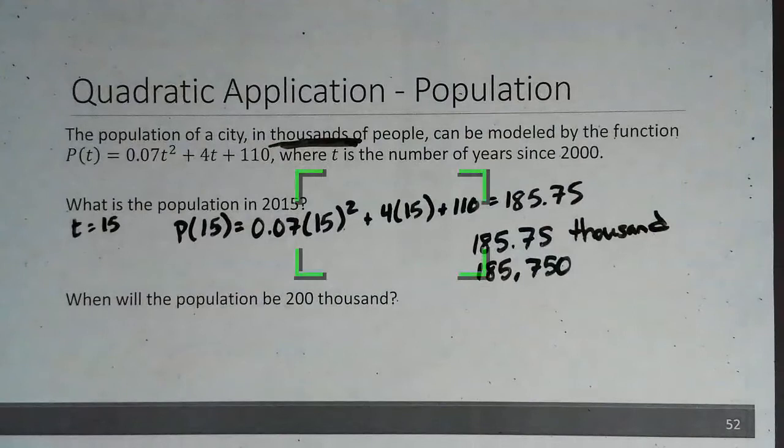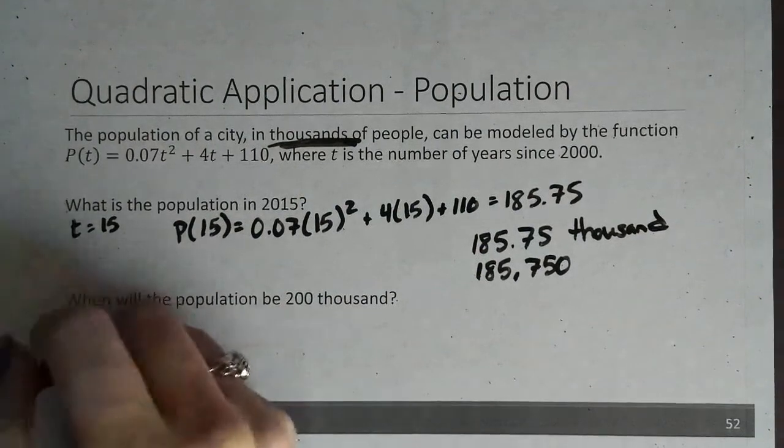Then we want to know when will the population be 200,000. So that means I need to replace the population side, the P, with this 200. Remember that we're measuring population in thousands of people, so I'm not going to plug in 200,000, I'm going to plug in the 200, and that's going to represent how many thousands of people.